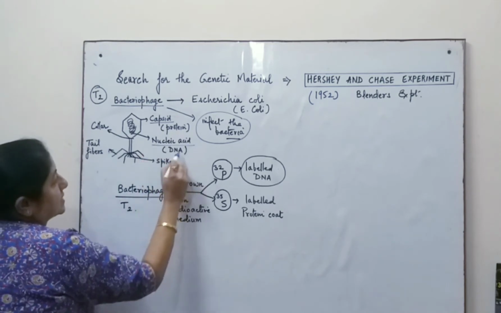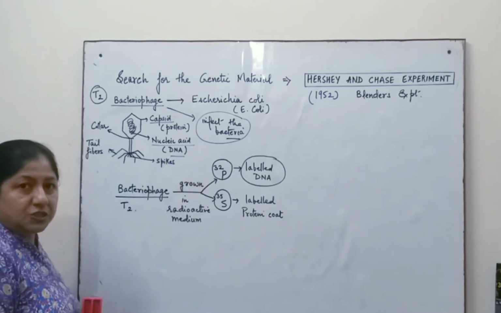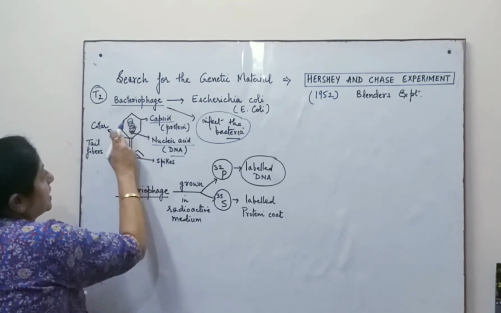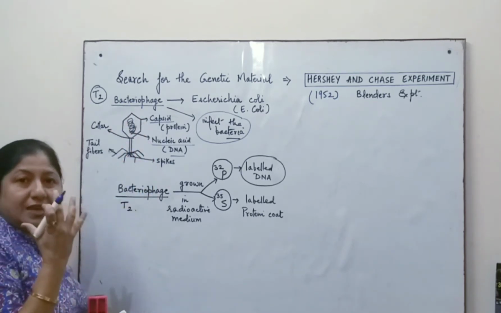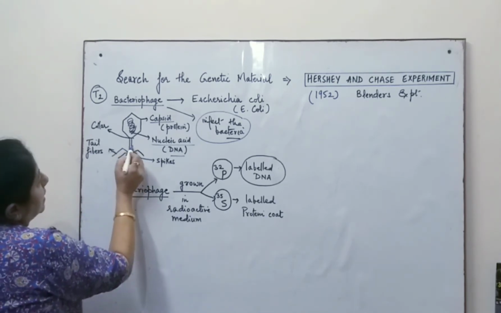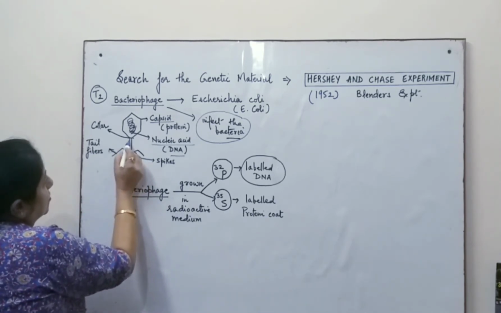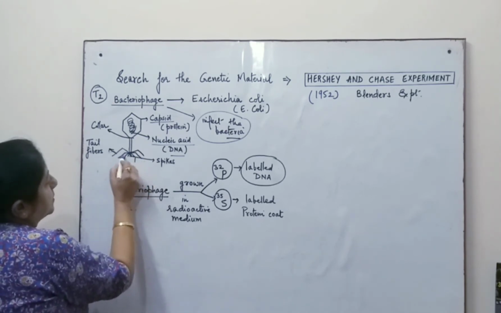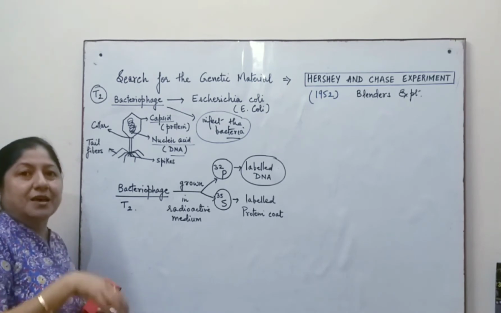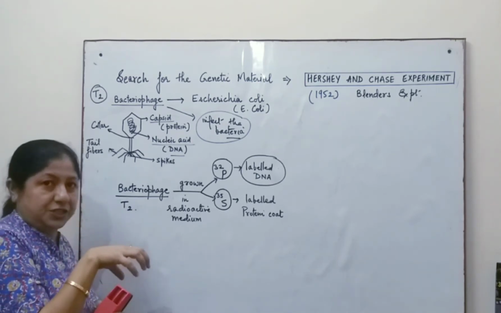So the nucleic acid, that is DNA, is the genetic material of a bacteriophage, which is very well protected with the help of a proteinaceous capsule known as the capsid. Then it has a collar and tail fibers, which help in the attachment of this virus onto the bacteria.